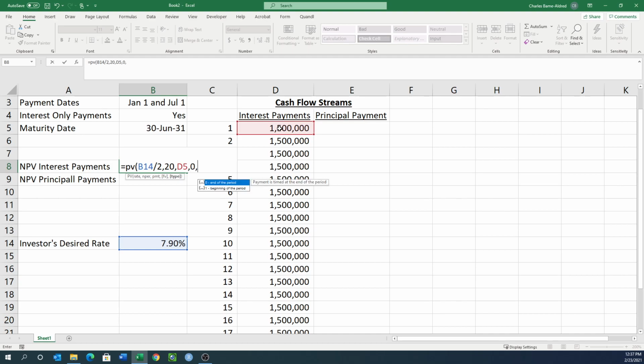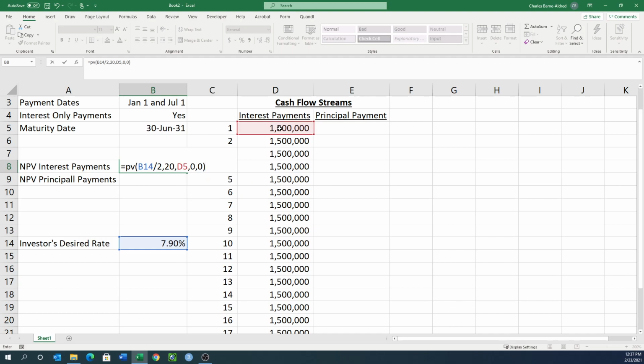And the type tells us whether the payment is happening at the beginning of the period or at the end of the period. For us, it's happening at the end of the period, so we put in a 0 there. If payment was happening at the beginning of the period, then we'd put in a 1.